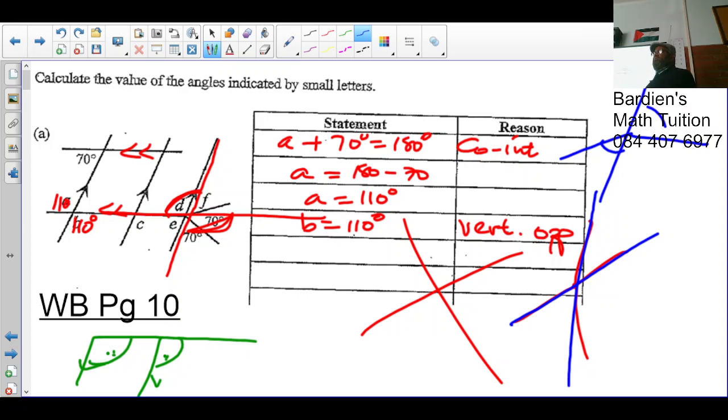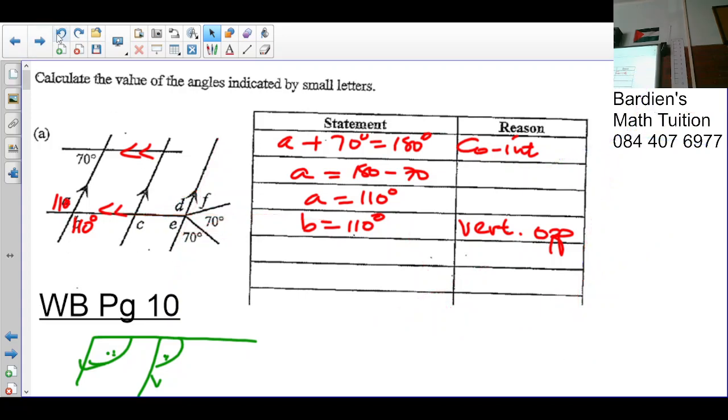No. It has to be straight lines going through. You guys understand? Right. Don't make a mistake again, please.